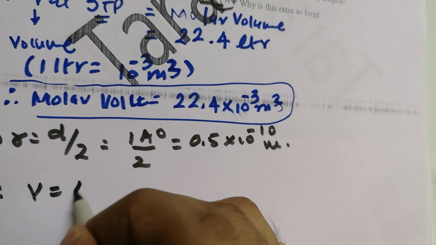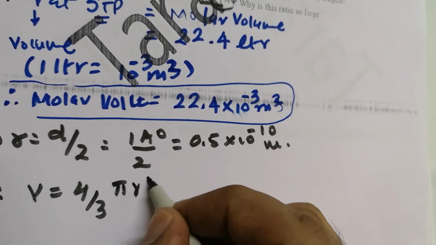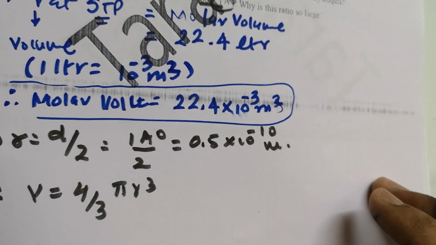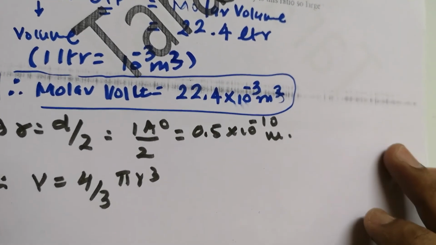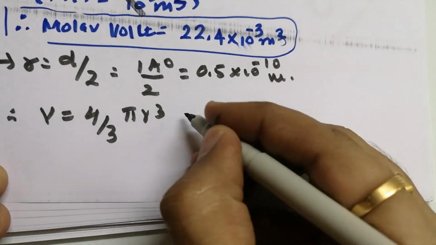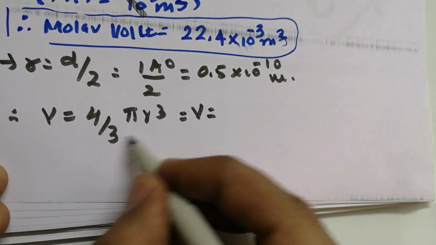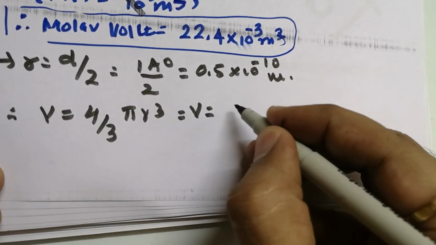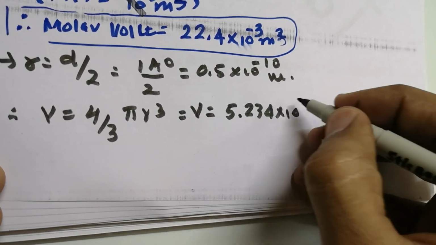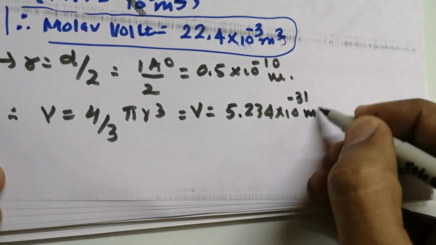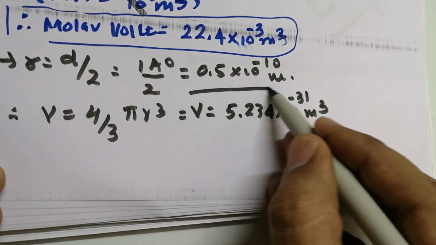My volume would be 4 by 3 pi r cube. I have all the data available, so I am directly placing it. After this calculation my volume would be 5.234 cross 10 to the power minus 31 meter cube.